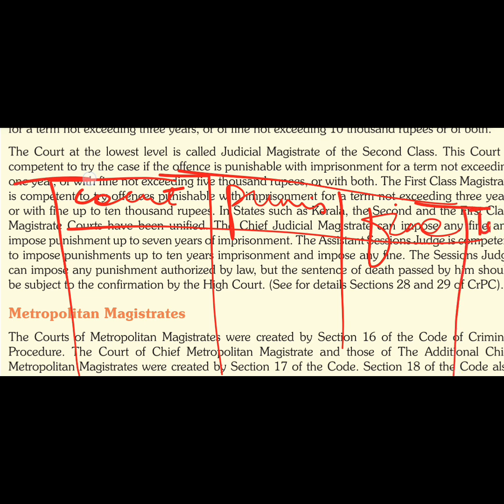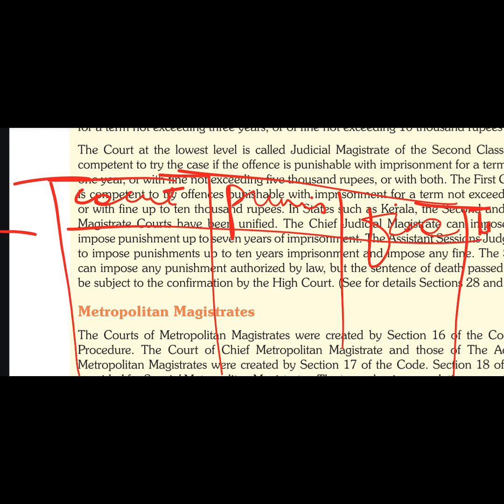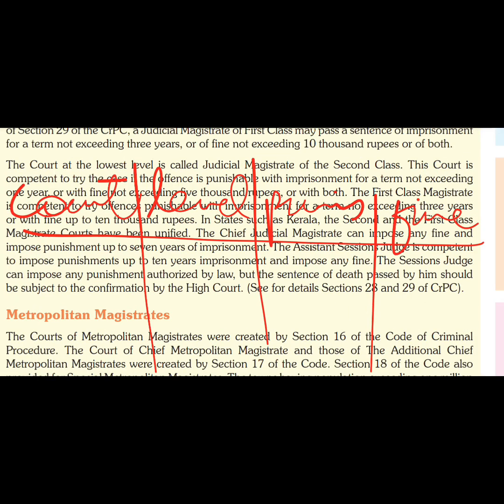Like this you have to make a chart or a table, and you write sessions judge, assistant sessions judge, CJM, JMIC, JM second C. This will be second lowest, then JM2C lowest, CJM below SJ, like this you can write.